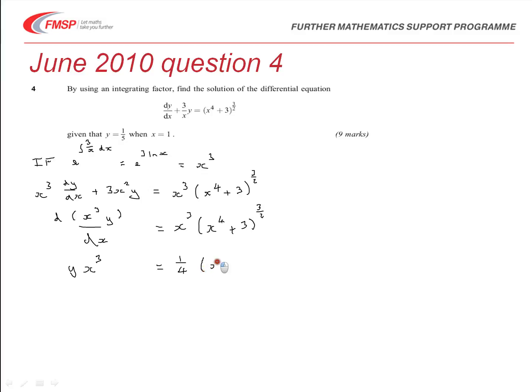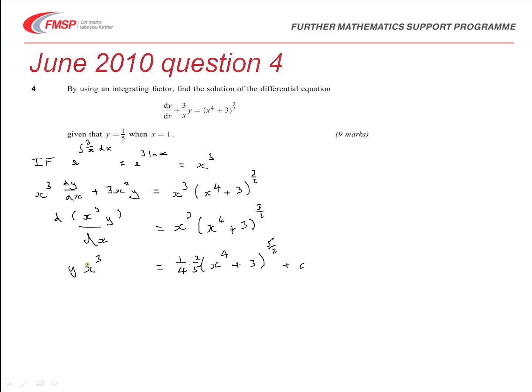Then we can integrate the power of 3 over 2, which of course we increase by 1, which is 5 over 2, and then we divide by the 5 over 2, or multiply by 2 over 5. And then we've got our constant plus c on the end here.